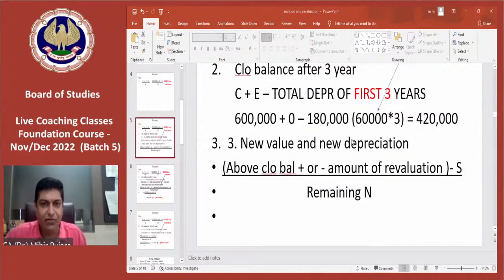What will be the new depreciation? It is 84,000.